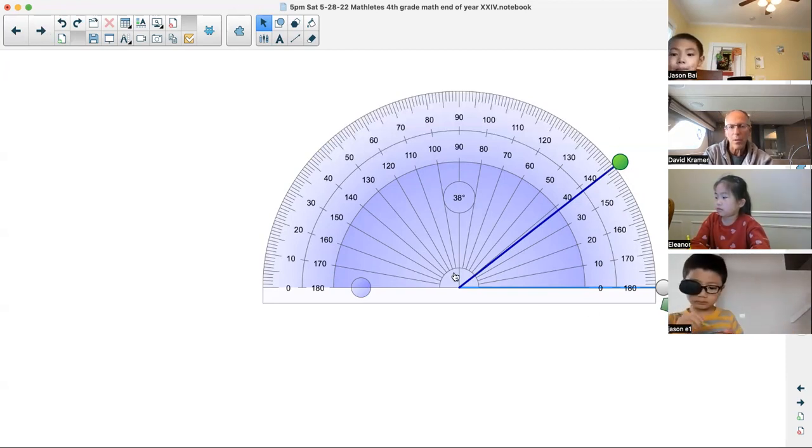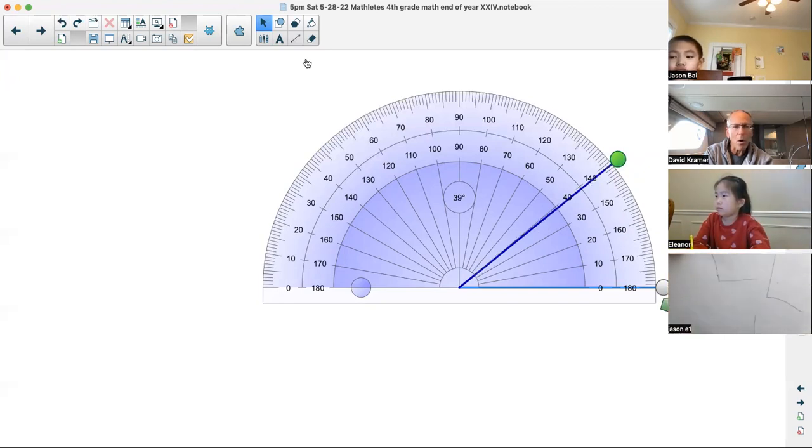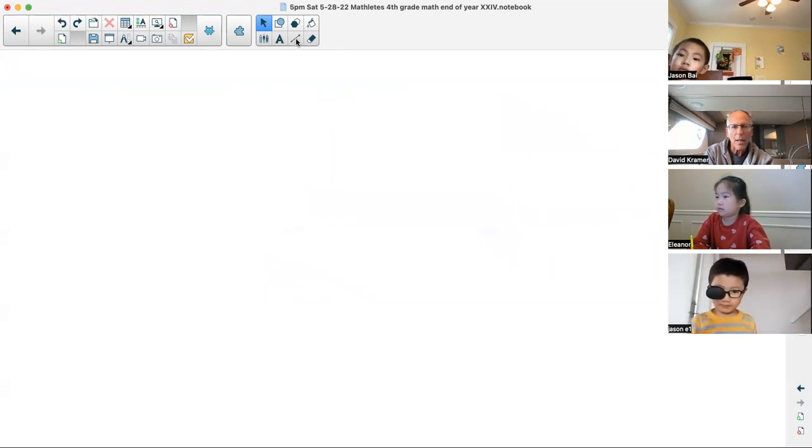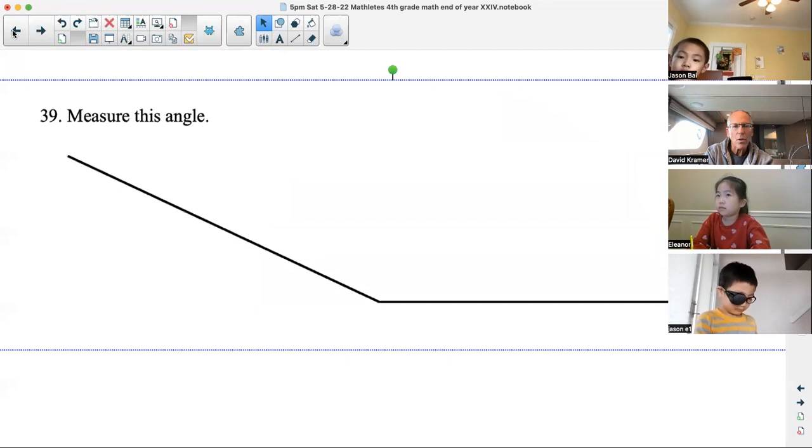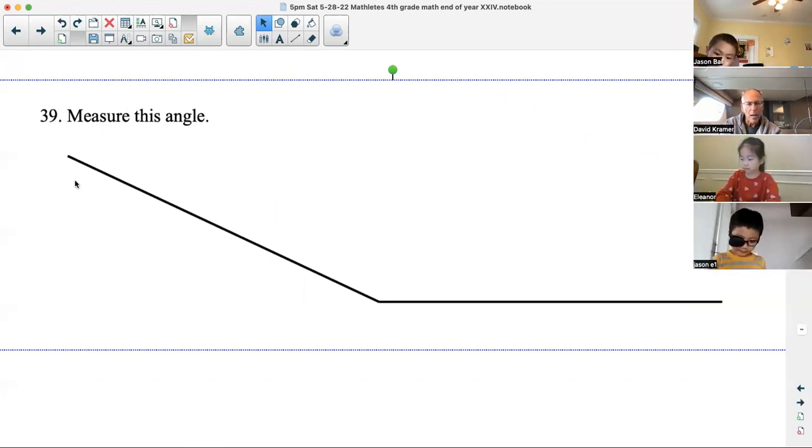Let's see what we can do here. That's 90. Is that 90? Yes, that's a beautiful angle. So here, I want you guys to draw that angle on your sheet of paper.